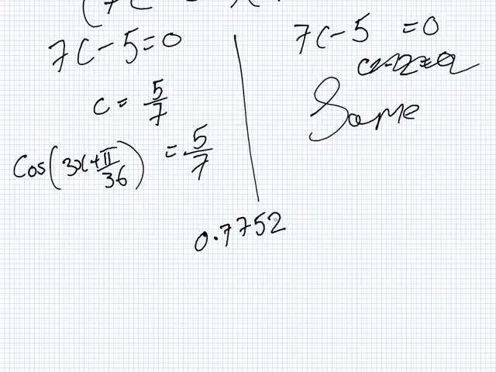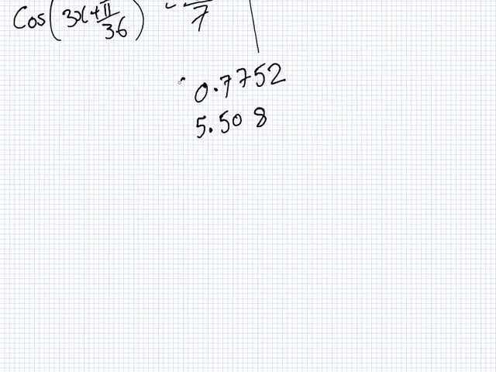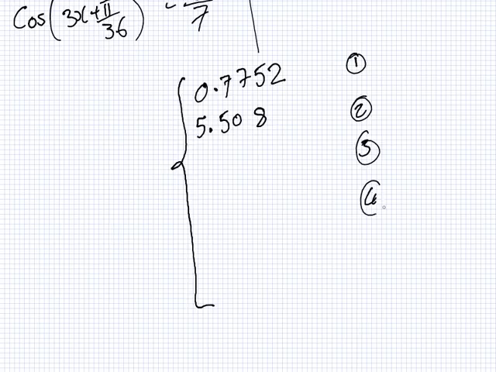So 2 pi minus my first answer, and I'll get 5.508 as my second answer. Bad news though, we still need to continue. How many answers should I have? I should have 6. So this is only 1, 2, 3, 4, 5, 6.